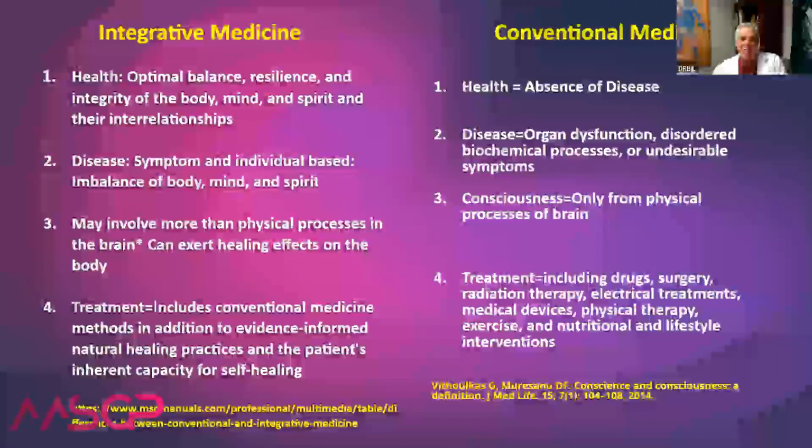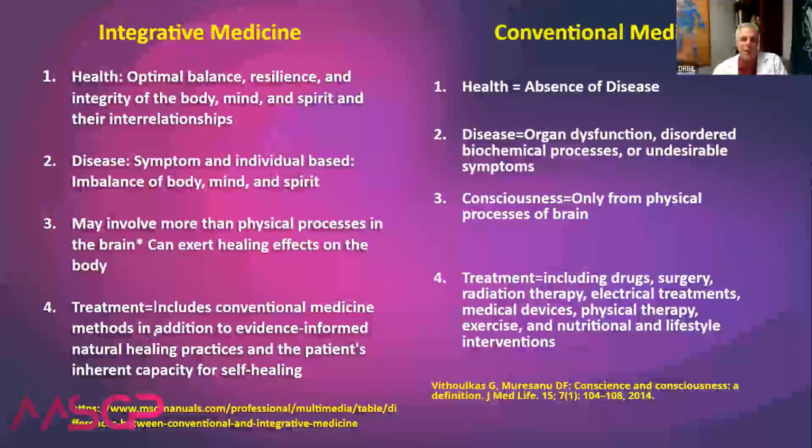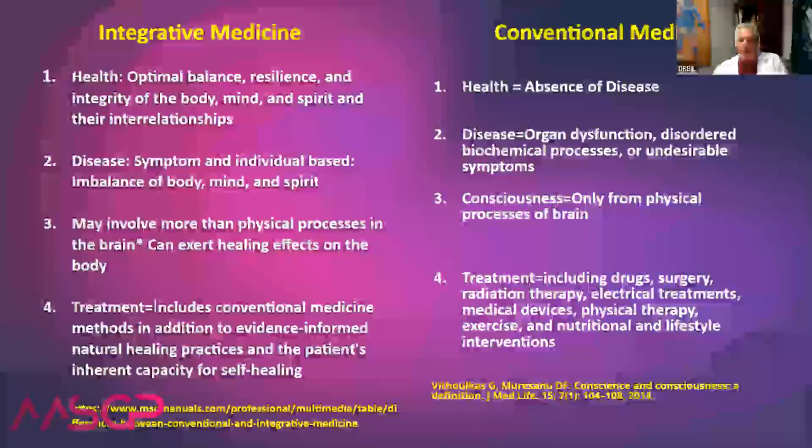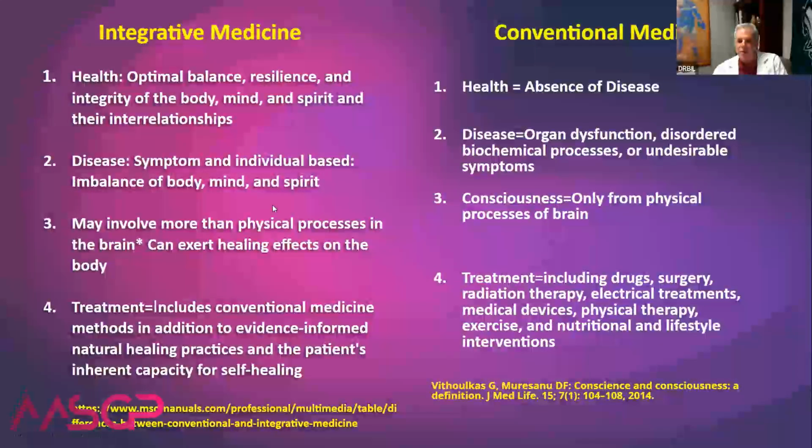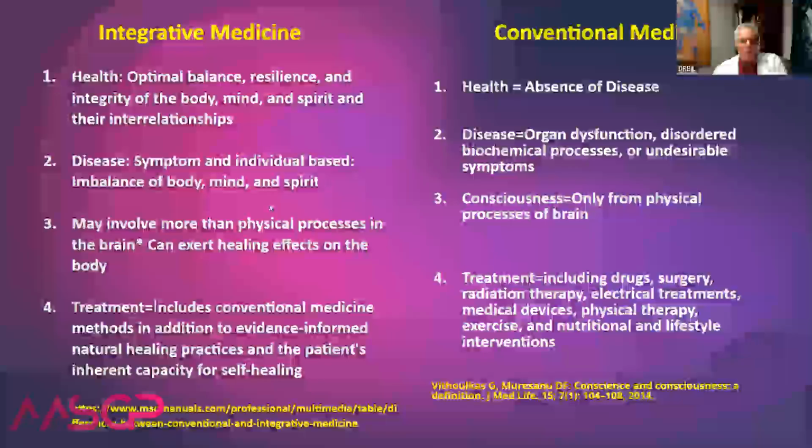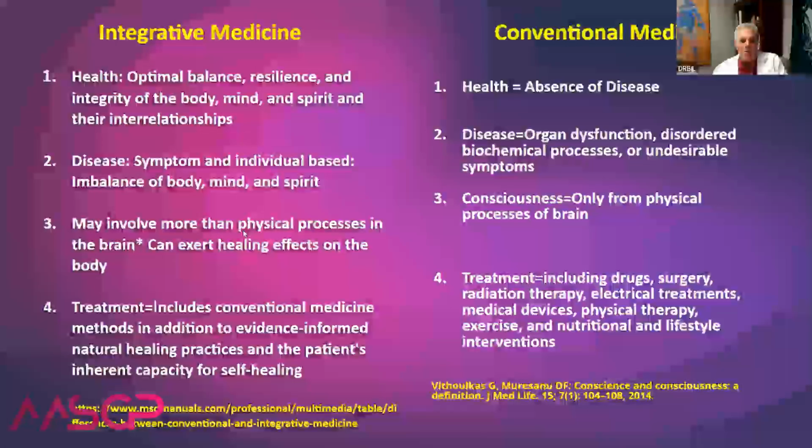Integrative versus conventional medicine. Health is an optimal balance of resilience and integrity of the mind, body, spirit, and their interrelationships, versus health is an absence of disease. Disease is symptom and individually based, and an imbalance of body, mind, and spirit. And in the conventional, we have organs that are dysfunctional and disrupted, biochemical symptoms or undesirable symptoms. It can involve more than physical processes.